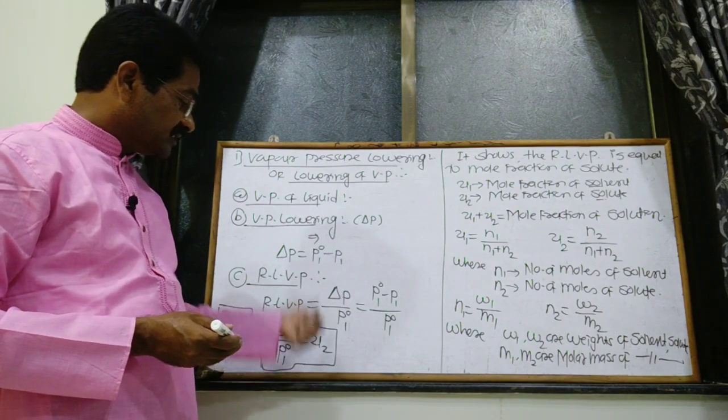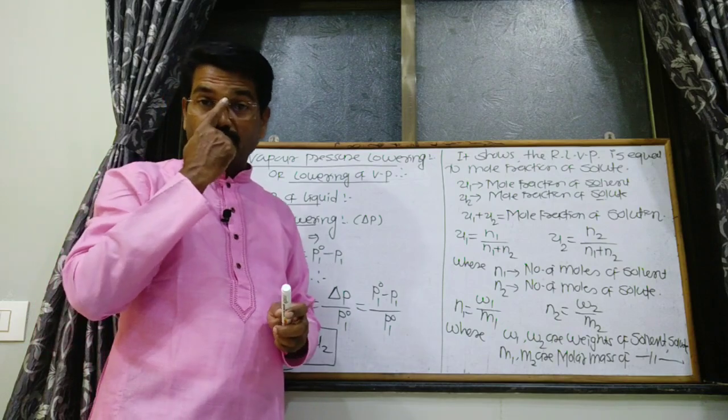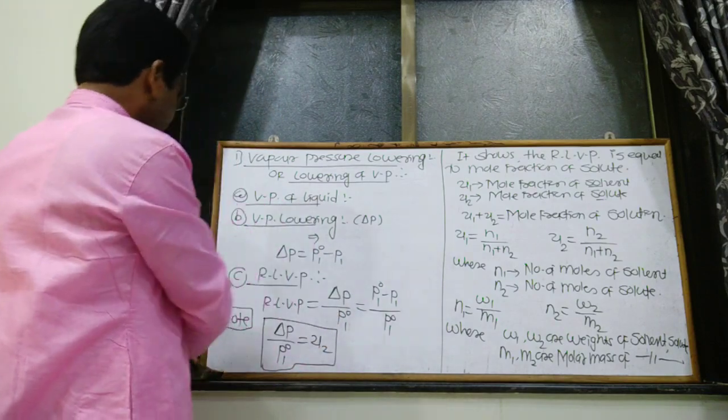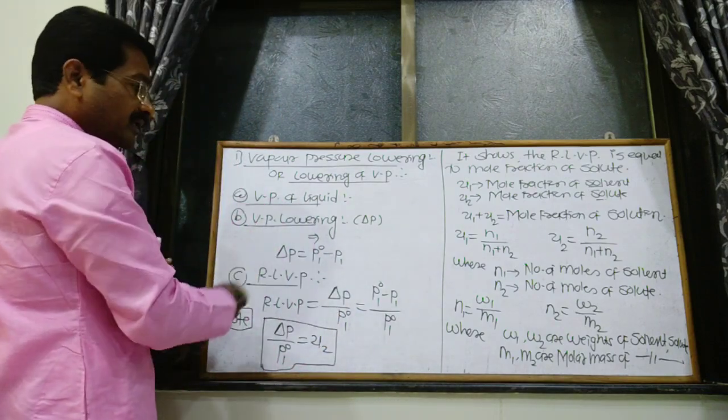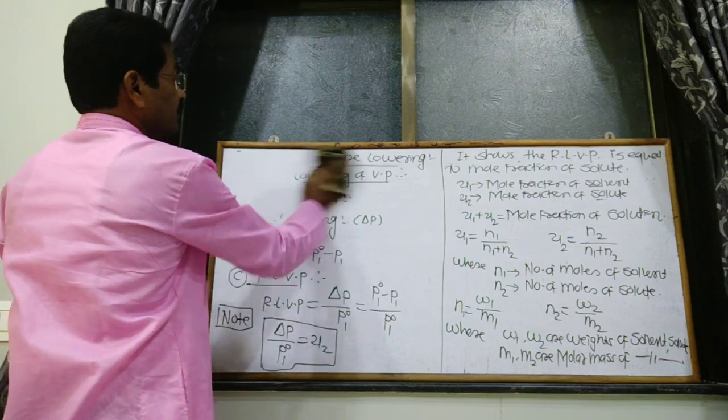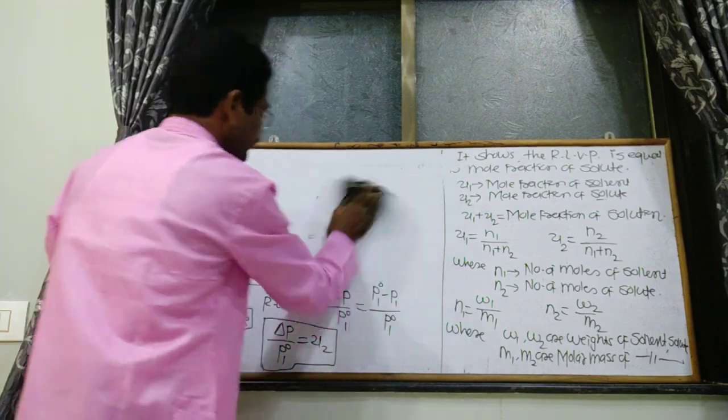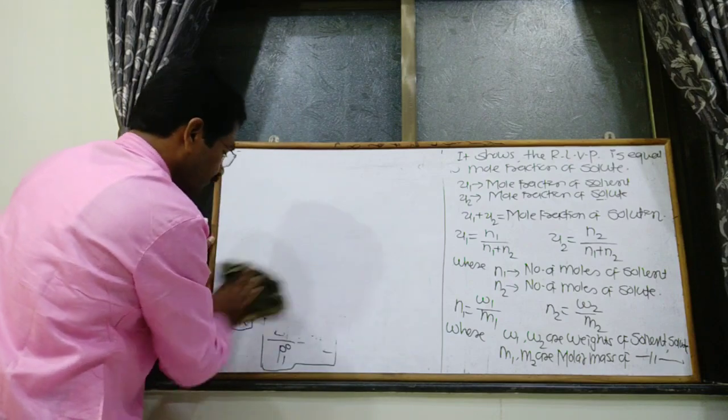Delta P upon P0 is X2, that is the number of moles of solute. After this third point, RLVP, see the next point in vapor pressure lowering, that is the molar mass of solute.